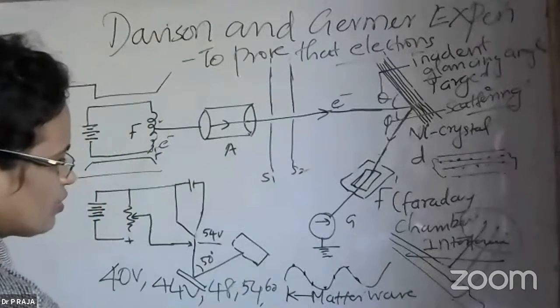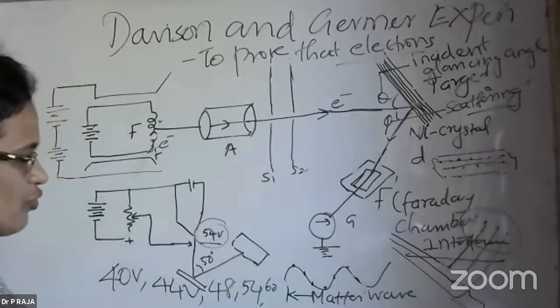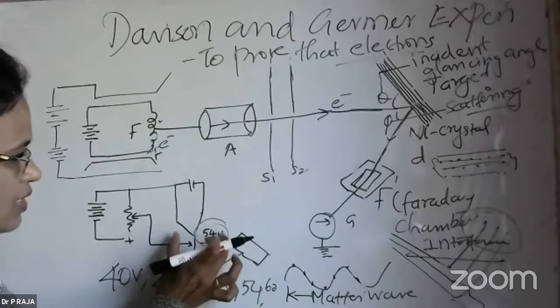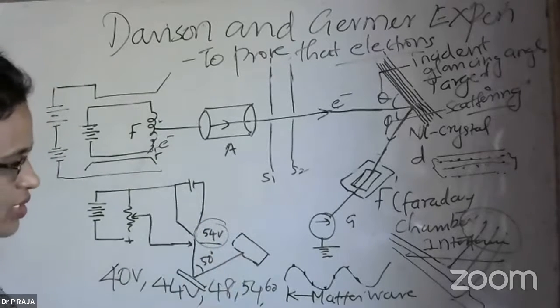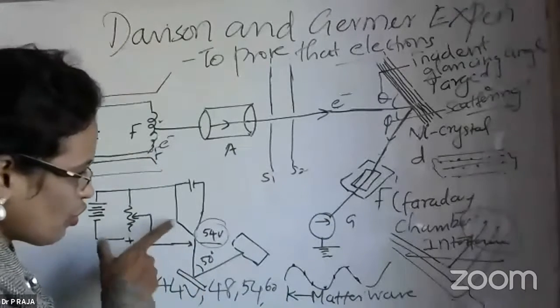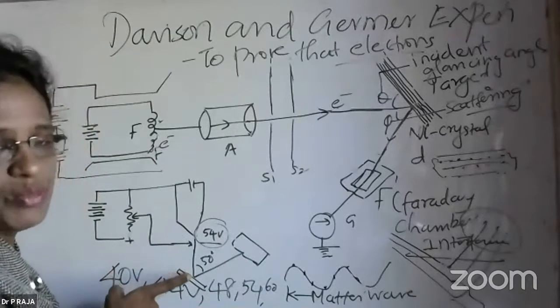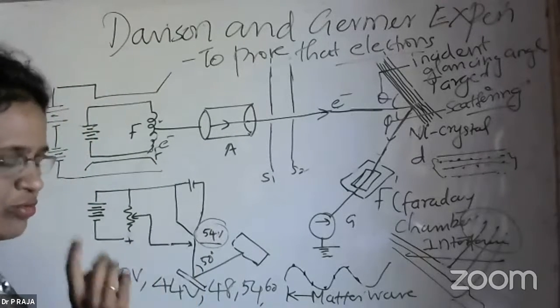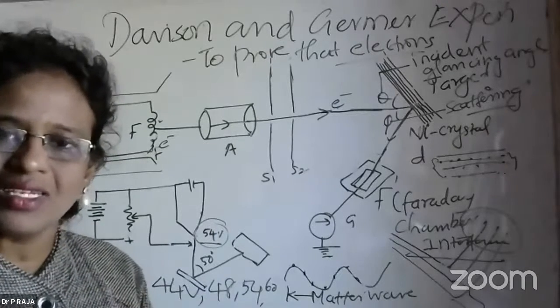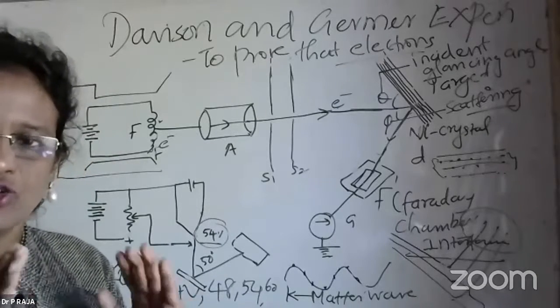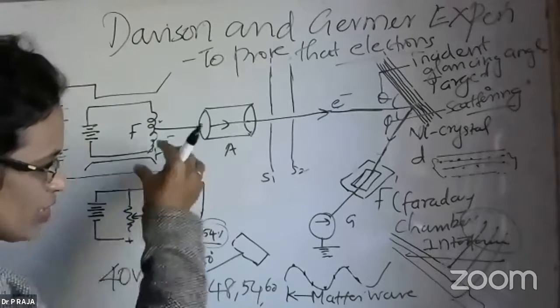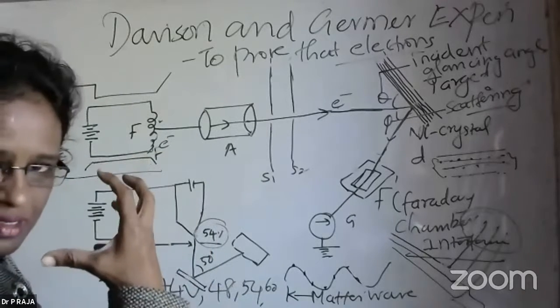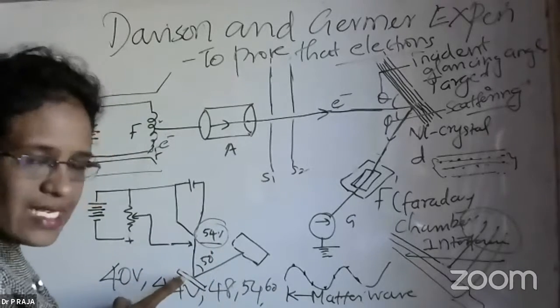Approximately around 54 volt, it was found that the electrons were made to fall on the target material. The 54 volt potential difference was found to be ideal for the electrons to be attracted towards the nickel target.